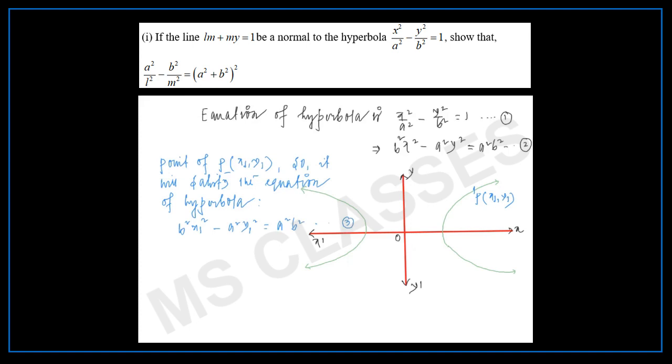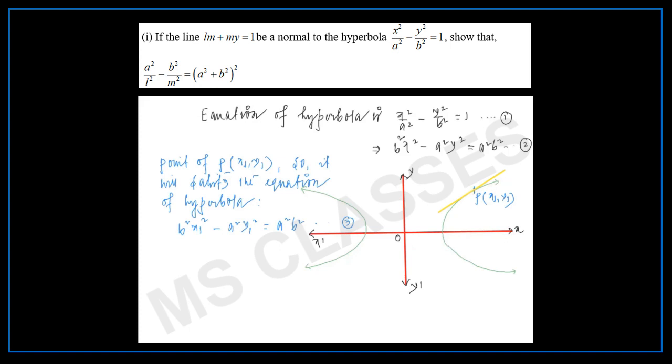Now we have to draw the normal line. So for getting the normal line, at first we try to get a tangent line. Basically, we are drawing this tangent line to get the slope of the tangent at this point. And we know that the slope of the curve at this point will be the same as the slope of the tangent line at this point. So to get the slope, we have to differentiate this curve.